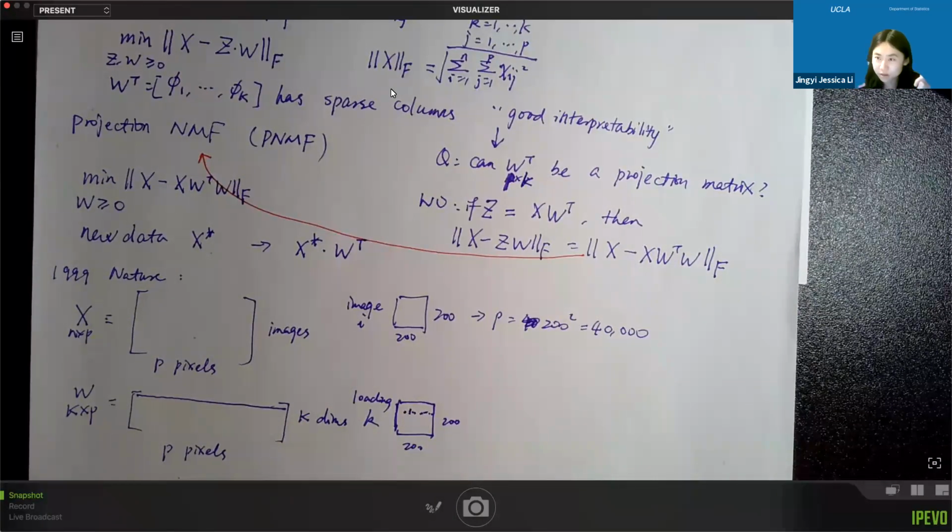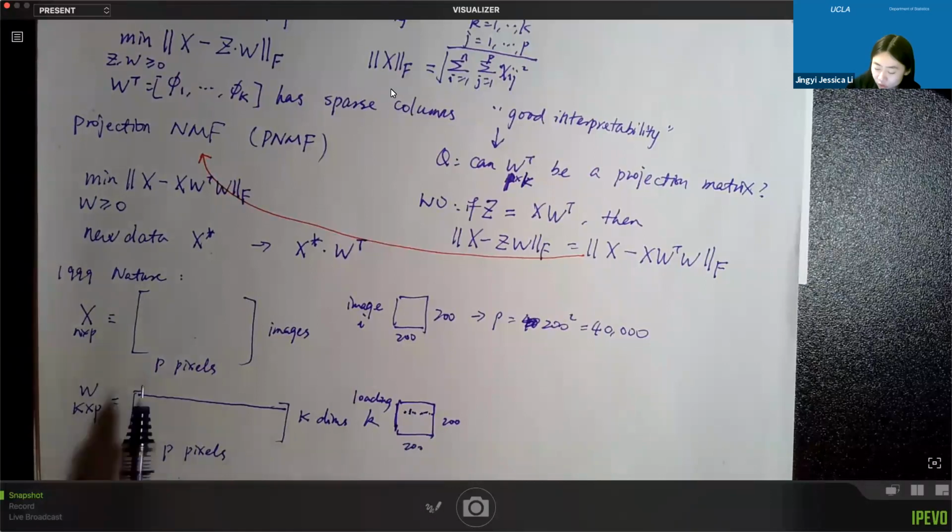So that Nature paper contains those very interesting illustrations. But you must understand that the illustration is done by restoring each loading vector back to the format of a 200 pixel by 200 pixel image.